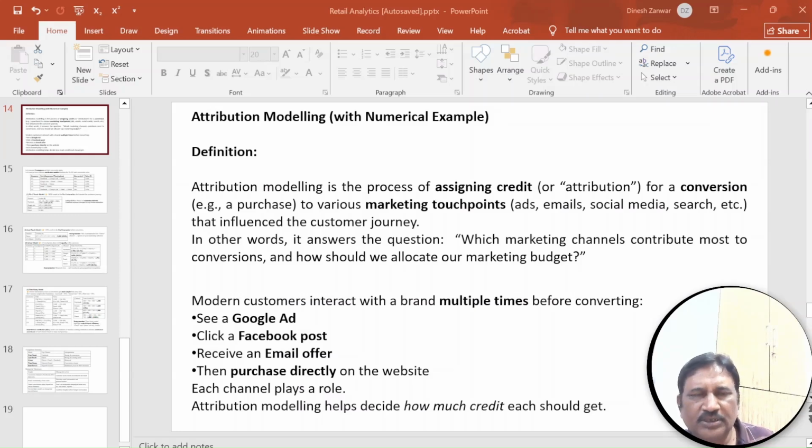Now, as we know, the first path contained Facebook, then next Google Ads and direct. So we will be separating the value for Facebook: 333.3 for customer one, and there is Facebook for customer three and customer five.